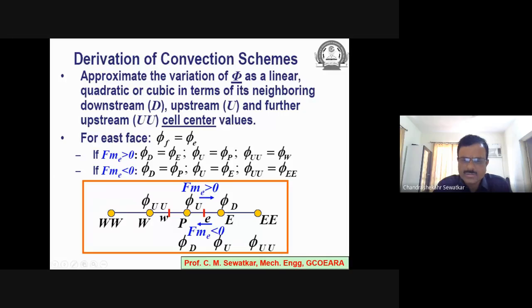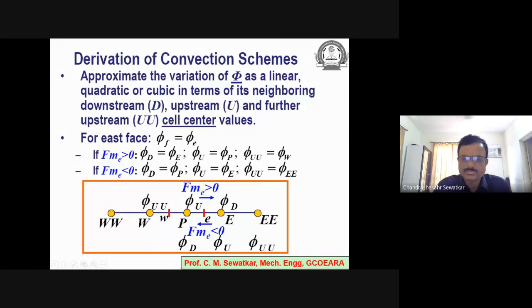This will be phi u, the upstream cell center, and this is phi uu, when my flow is in the positive x direction.